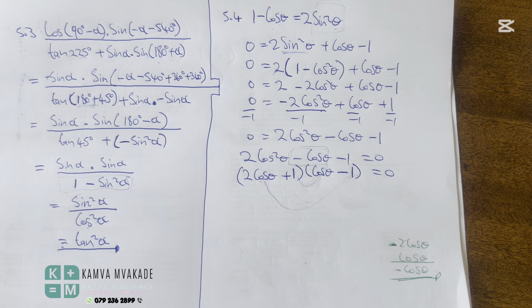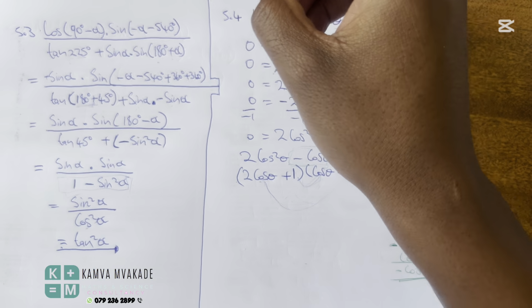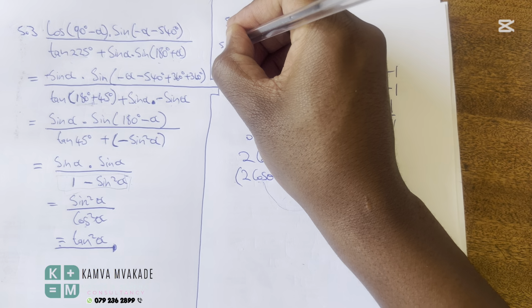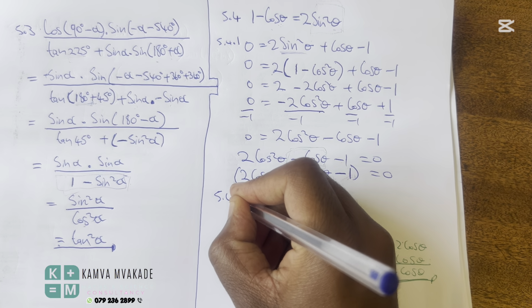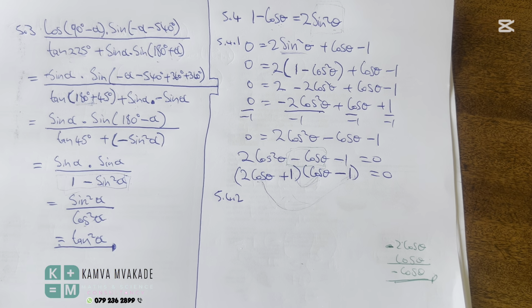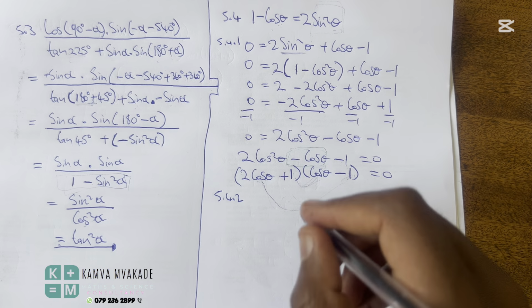Okay, so that was 5.4.1, and then 5.4.2. They say hence determine the general solution of 2 cos theta plus 1, cos theta minus 1 is equal to 0.